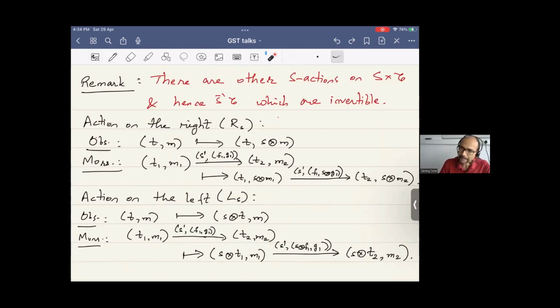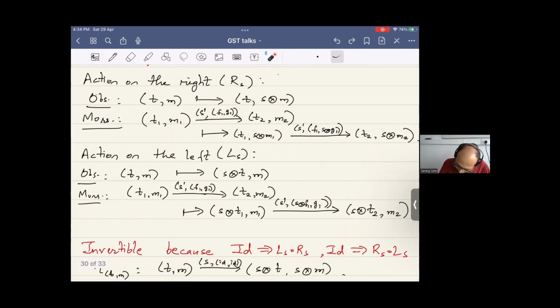Okay, so now as in the previous thing where we had various actions on S inverse S, remember we had these G1 and G2 and so on. So here also we can play that same game. One is putting things on the right, the other is putting things on the left.